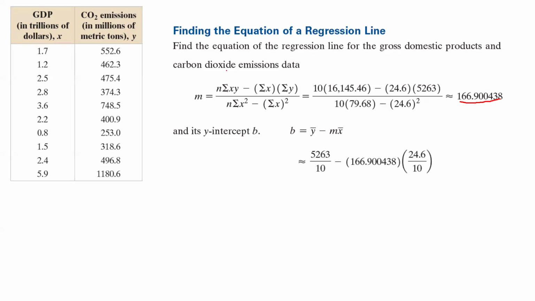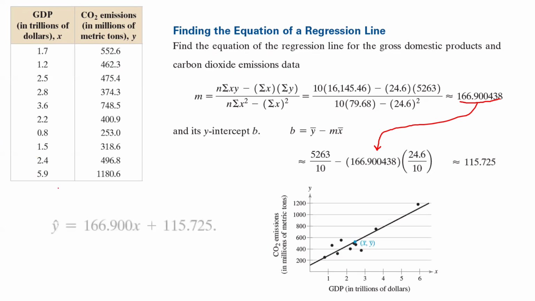Y bar, you basically add all of these numbers together and divide by 10, minus m, which is calculated up here, times x bar, which is adding all of these numbers together, divided by 10. So the y-intercept is about 115.725.